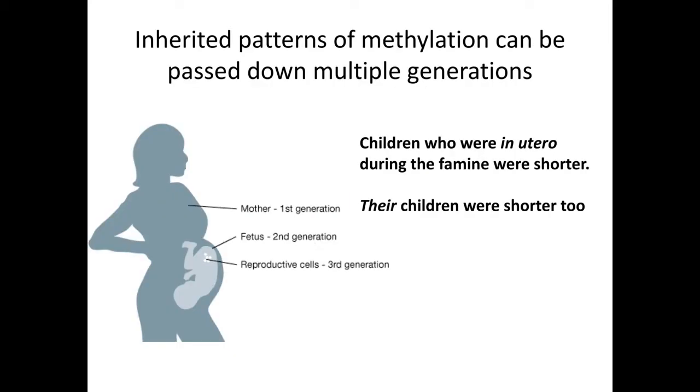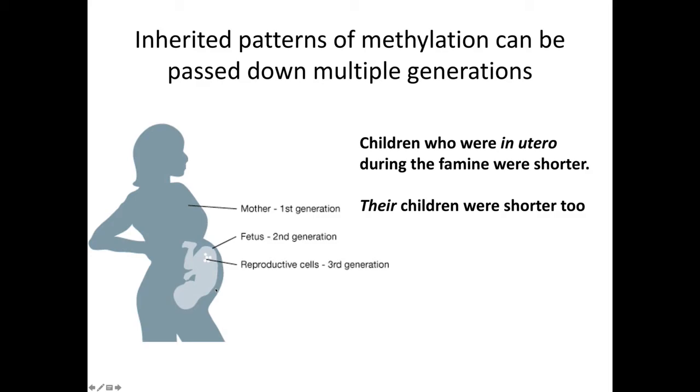Now, what's important to think about in terms of how this might be passed on is that when a mother experiences an environmental stress, in this particular case in the form of reduced calories, if she has a child within her, her child is exposed to that environmental condition.